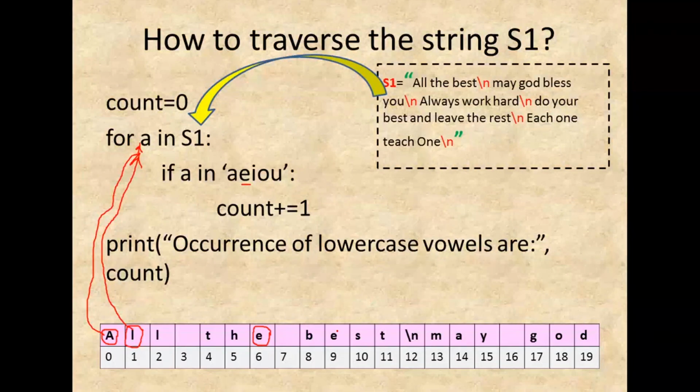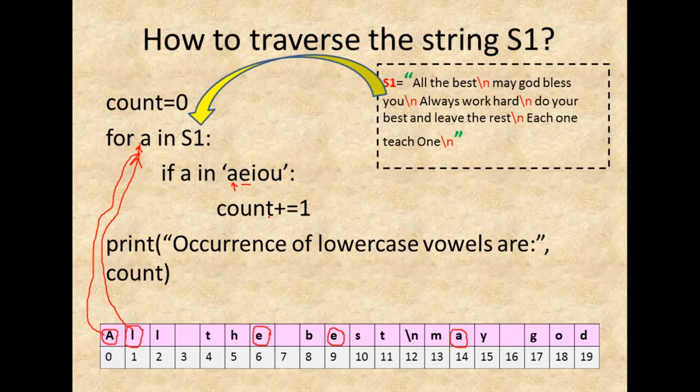Now when you compare for the next E, again it is going to increase the count. Similarly, when it will come to this particular element number 14, there the value is small a. Again the value will match this particular character. So when it will match this character, again the condition becomes true. Again the count will increase.